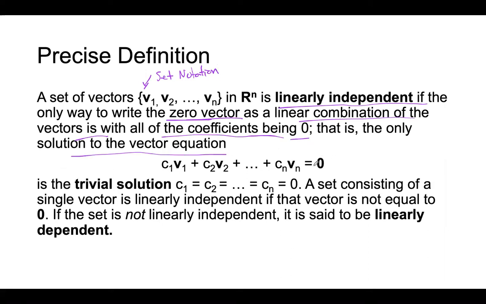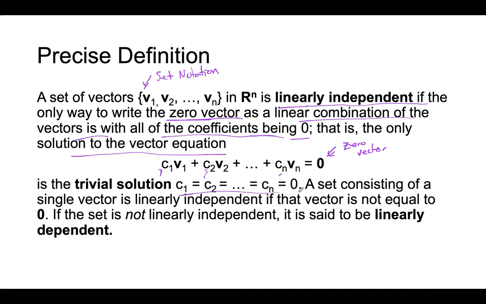So if we can write the 0 vector as a linear combination of the other vectors, it's said to be linearly independent if the only solution is the trivial solution. So if all the coefficients are equal to 0, then it is said to be linearly independent.